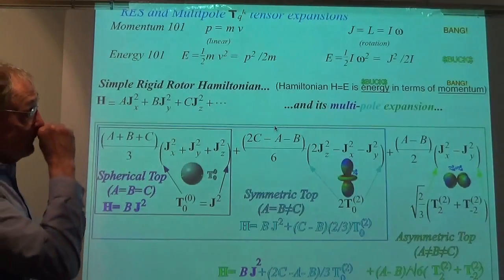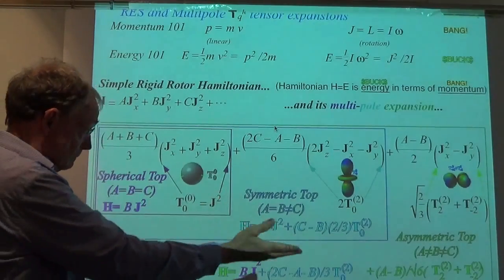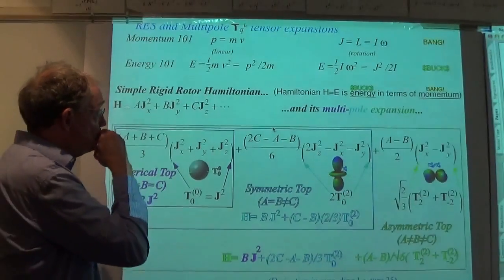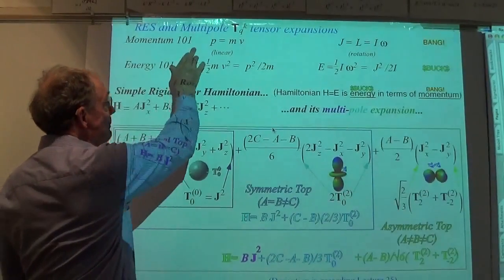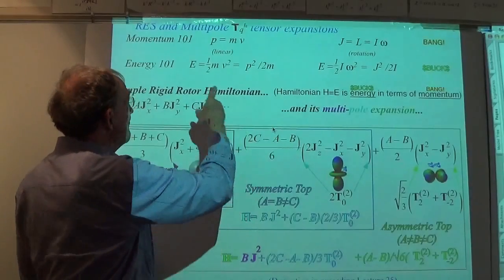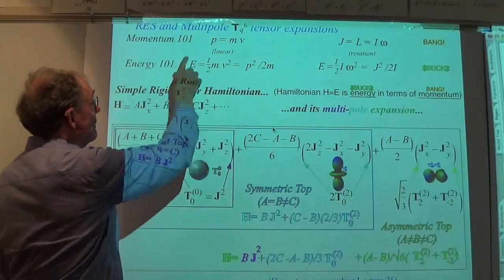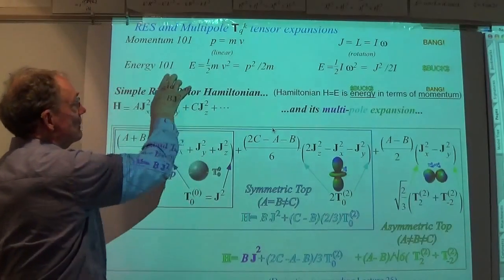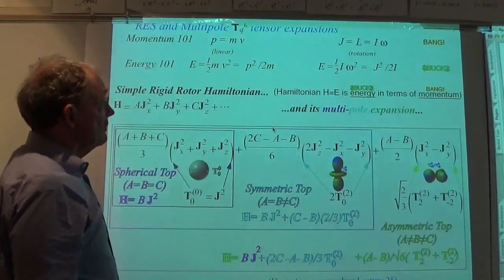Now we've already been through the expansion here, but this will let me remind you that what we're dealing with is bang versus buck. Bang for a buck, that's a very American expression. I call this momentum 101 and energy 101 for rotational analysis.